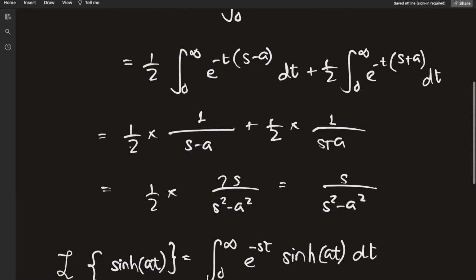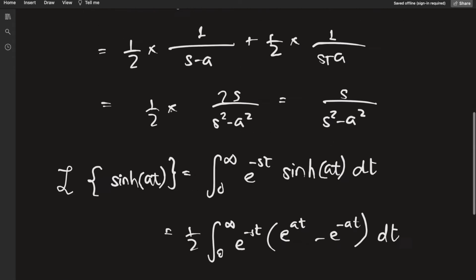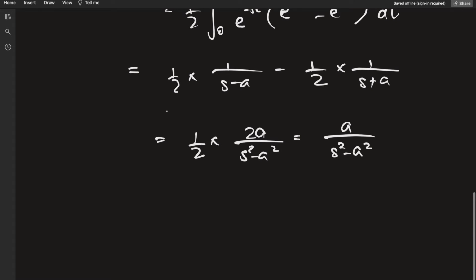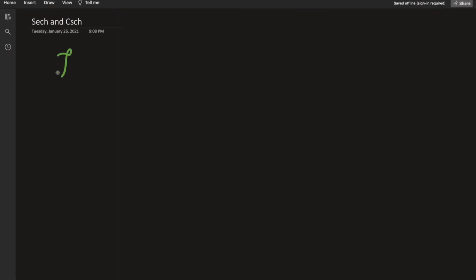So we have Laplace transform for the Cosh and the Sinh. Time to move on to their multiplicative inverses. In other words, the Sech and the Csch. Okay, so we have Laplace transform of hyperbolic secant of at.